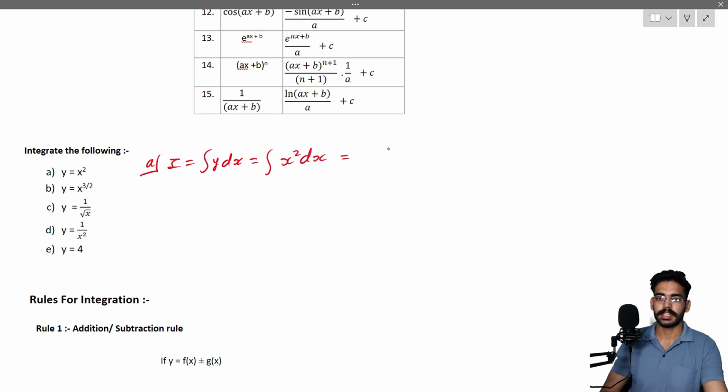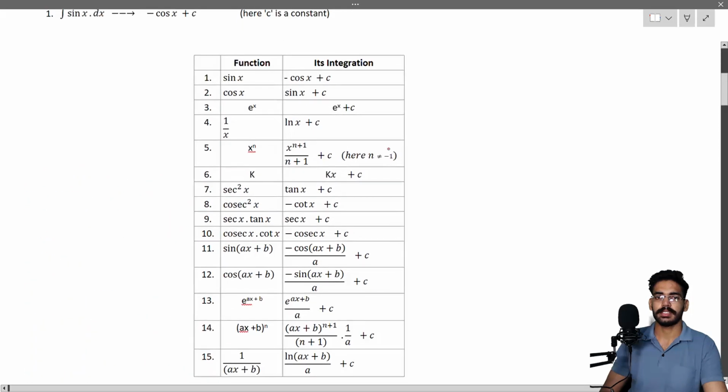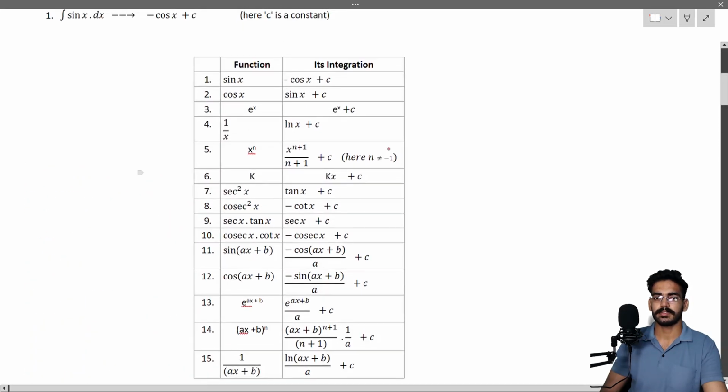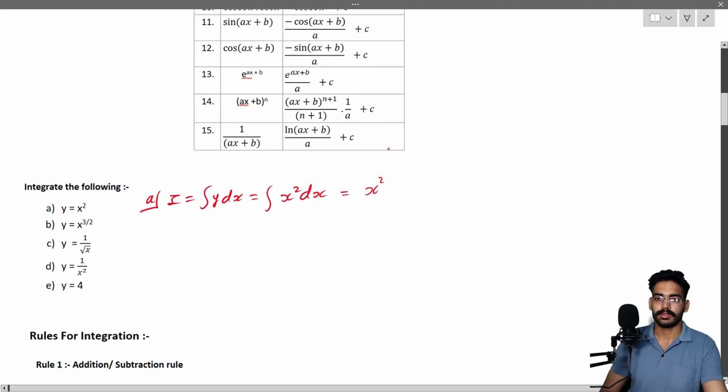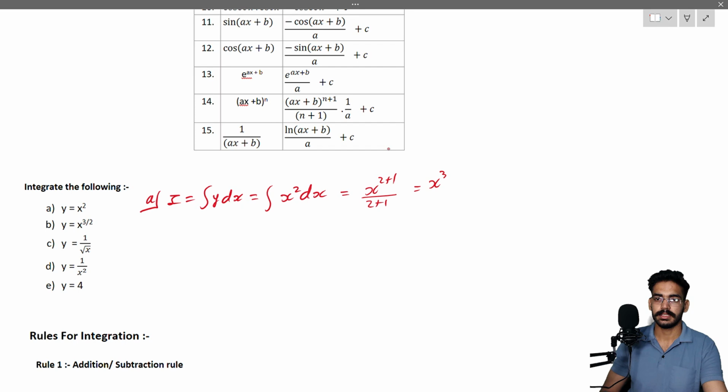So here we integrate x square dx. What is the integration of x to the power n? X to the power n plus 1 divided by n plus 1. So we write x to the power 2 plus 1 divided by 2 plus 1. That is x cube by 3 plus c. Always remember, plus c. Let's do the b part.